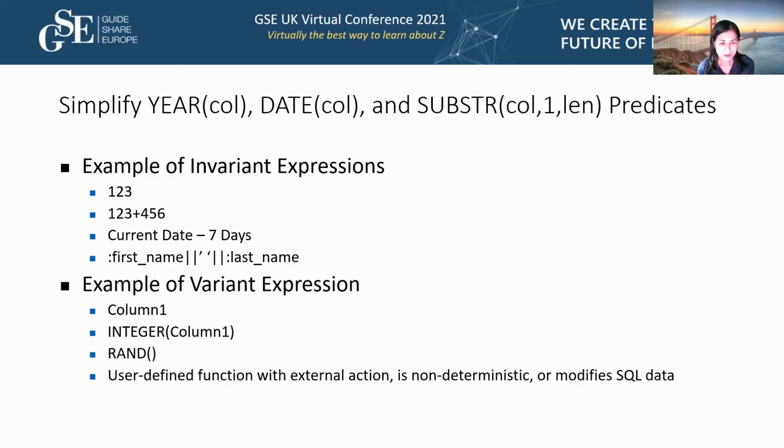Variant expressions are expressions that could change during execution. A variant expression contains a column, a built-in function, or a random function, or it could be a user-defined function with external action that is non-deterministic or modifies SQL data.